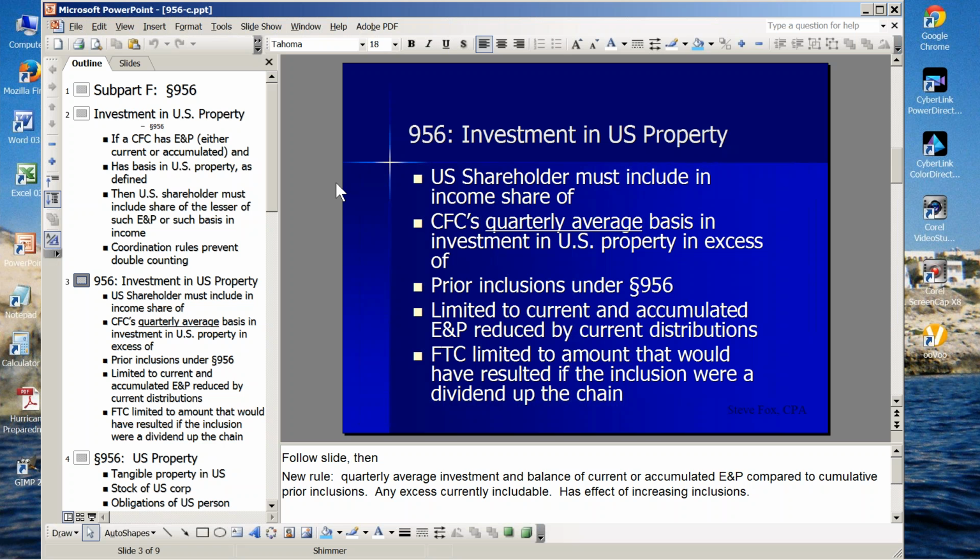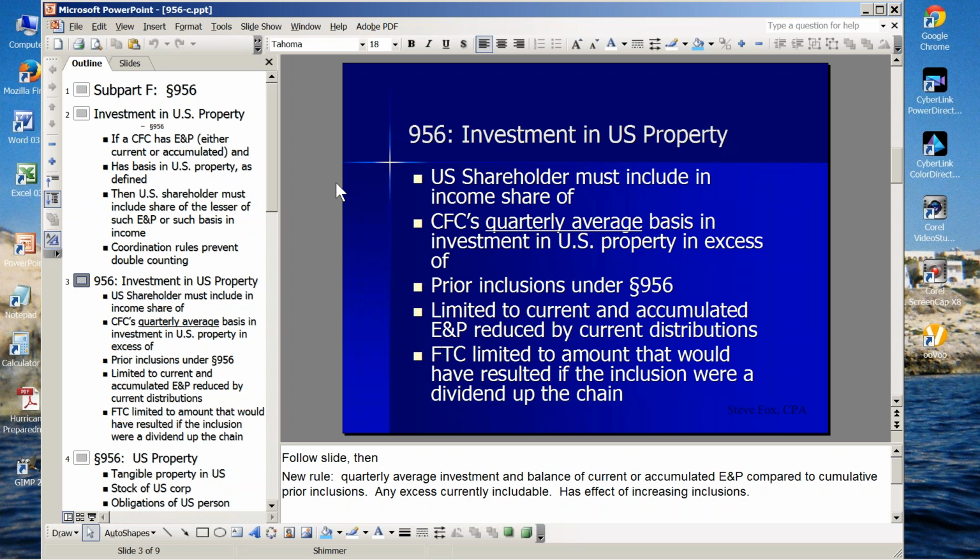When he got examined, he argued that they ought to reduce the 956 amount by the correct amount of prior inclusions, even though the tax year was closed for those prior inclusions. Before the IRS lost in court, Congress changed the law. So that case, and the reason I haven't cited that case, is it's obsolete at this point.